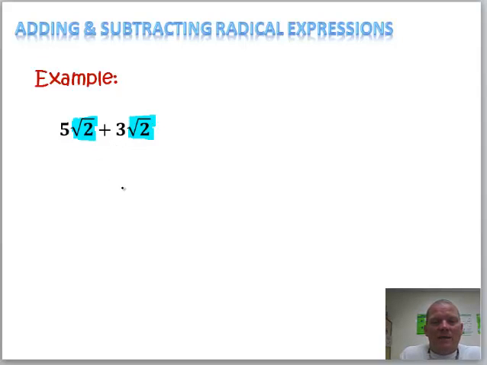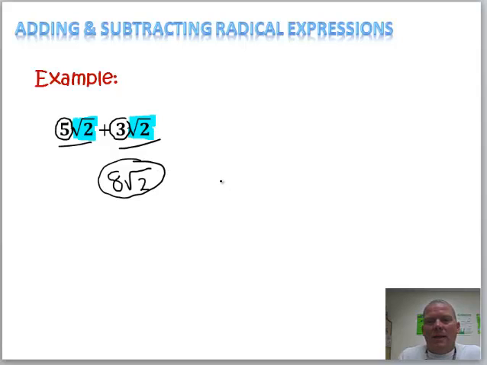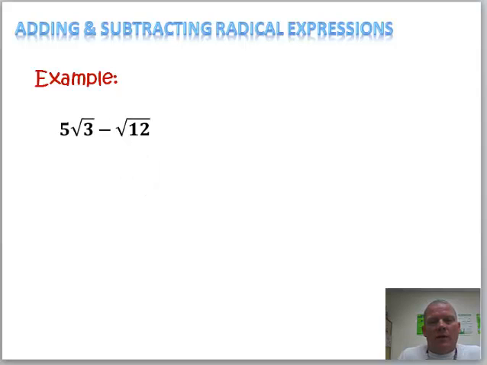So what I do is I leave it the square root of 2, and I just add those coefficients, the 5 and the 3. 5 plus 3 is 8. So if I have 5 square roots of 2 and I add 3 square roots of 2, that gives me 8 square roots of 2. This is a nice basic simple one because we don't have to do any simplifying. In our next example, we will have to simplify some. So let's go ahead and try that one.